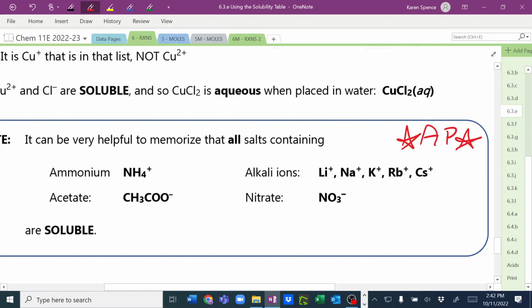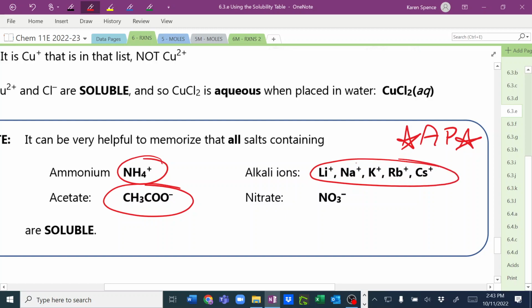And even if you're not in AP, I recommend to all my grade 12 students, some of them seeing this for the first time, that they memorize these 4. Ammonium, you put it with anything, it is soluble. Acetate, you put it with anything, it is soluble. All of the alkali ions are soluble.